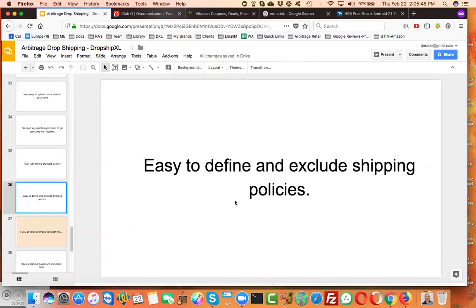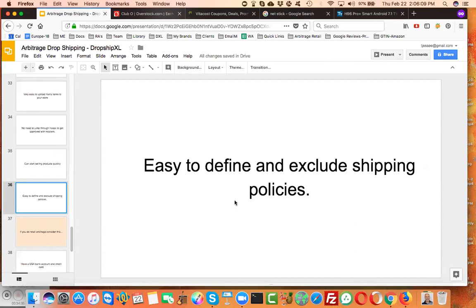It's something that you can do while uploading a list. You just create one, and then it's up in your back office, and then you can use it or create a new one. And when you're uploading a different product from a different supplier, you just go and use this shipping policy.